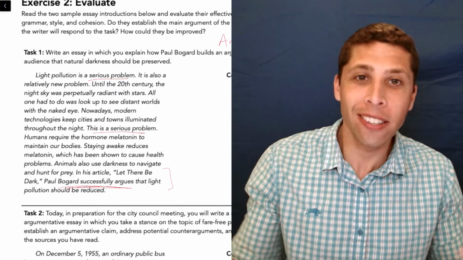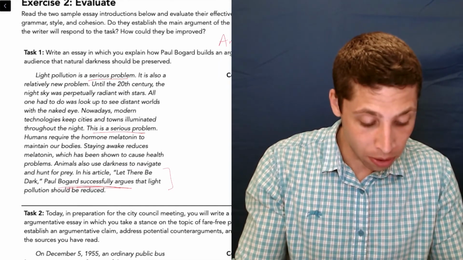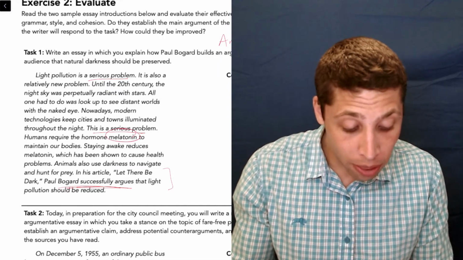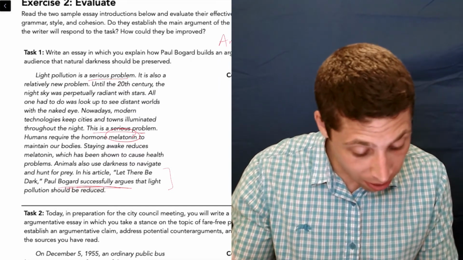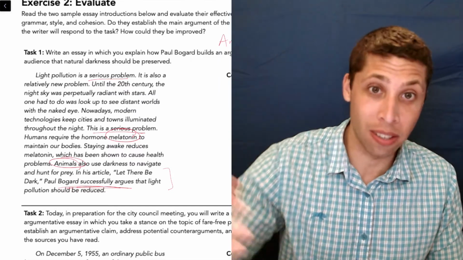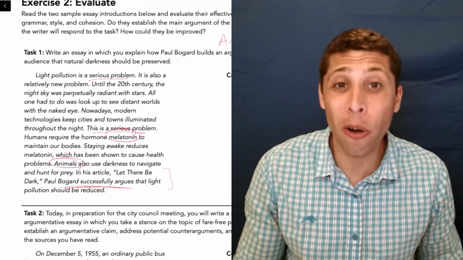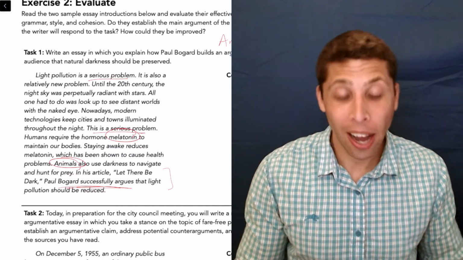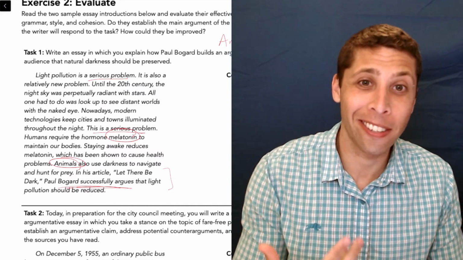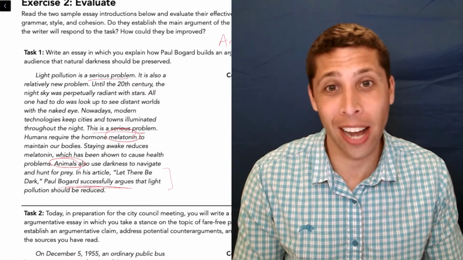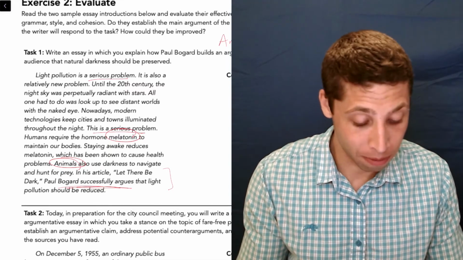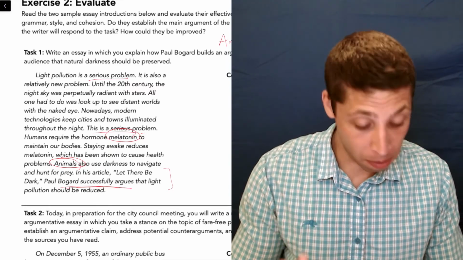How? Why is it successful? What makes it successful? Maybe this melatonin thing is one of the reasons. Maybe the animals thing is one of the reasons it's successful. I don't know, but as your reader, I really should know. All right, that's your job, is to communicate that to me so that I don't have to guess what's going on.